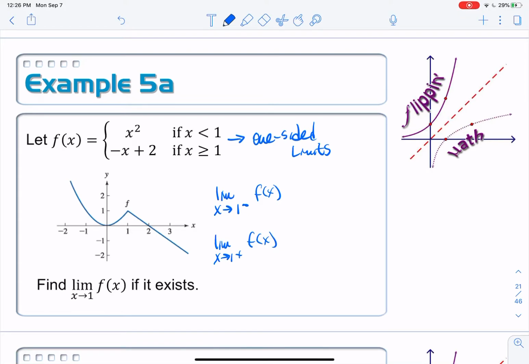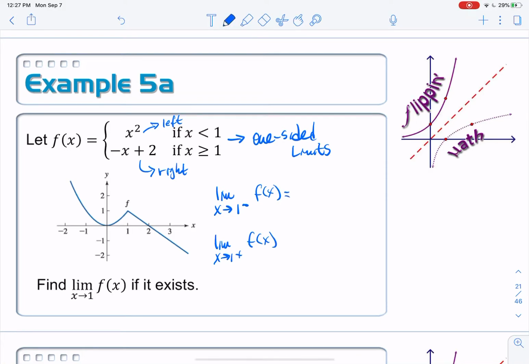The left side is the part where x is less than 1. So maybe I make a note that this one is the left, which makes this one here the right, because it's where x is greater than or equal to 1. We don't actually care what the function is equal to at 1. It's just on the left side and the right side we want to see what that's equal to.